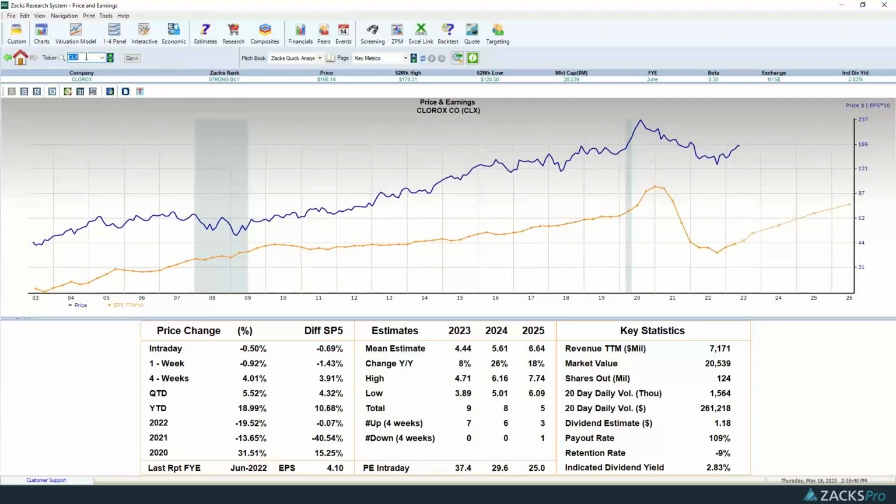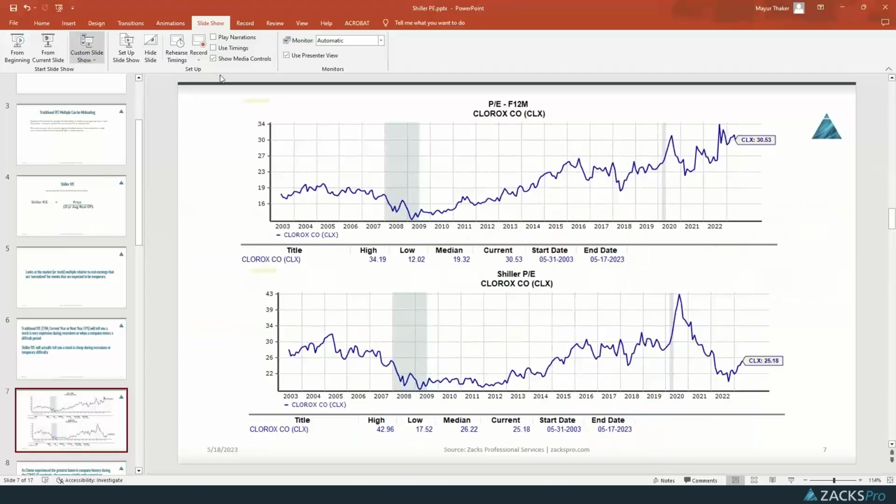So regardless of which company you're looking at, the reason why the Shiller PE works is because you're applying it to companies whose products and services are never going to completely go away. They're always going to come back to their mean. So that is true for companies like Caterpillar. That is true for companies like Clorox. That's true for many other companies, but it's not true for all companies.